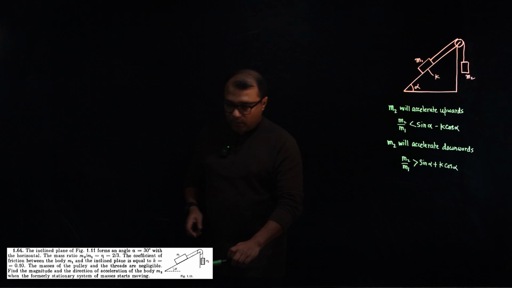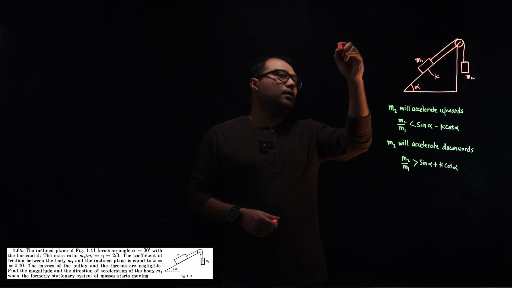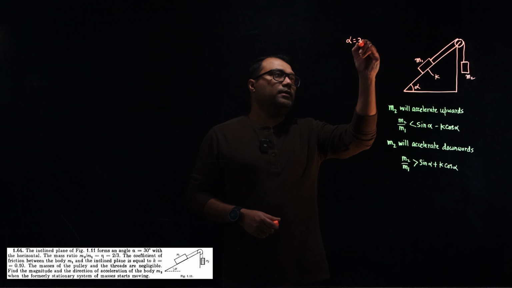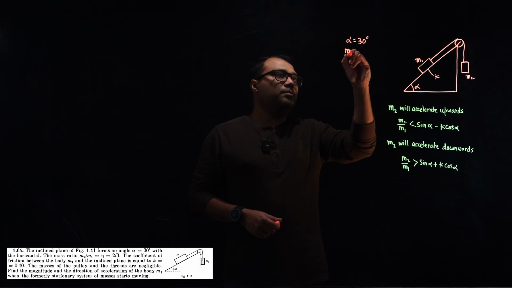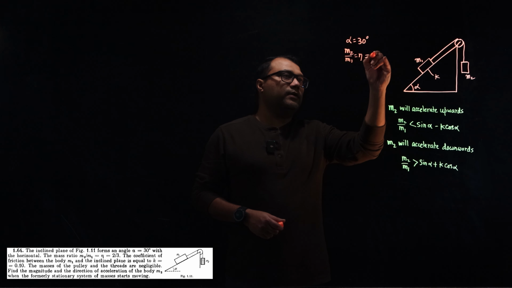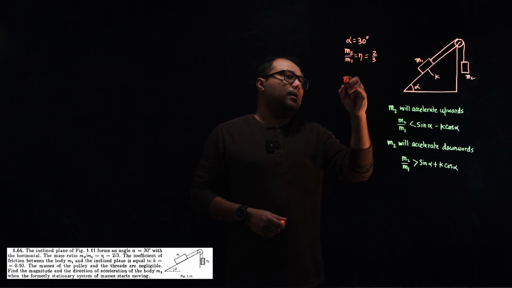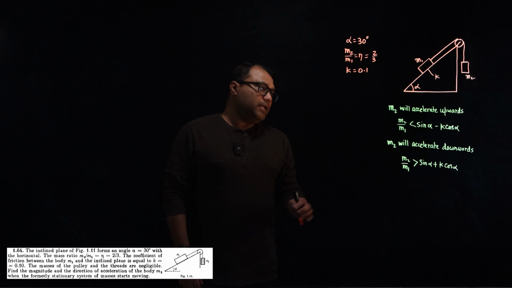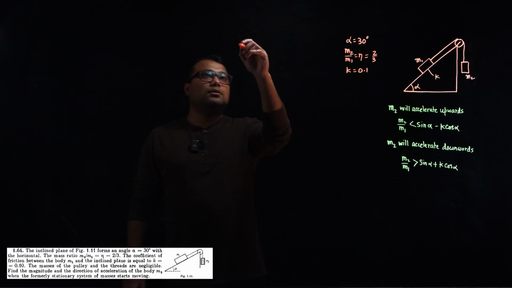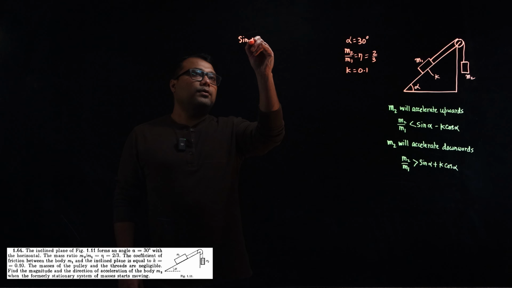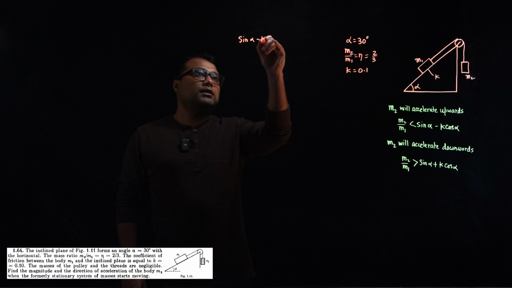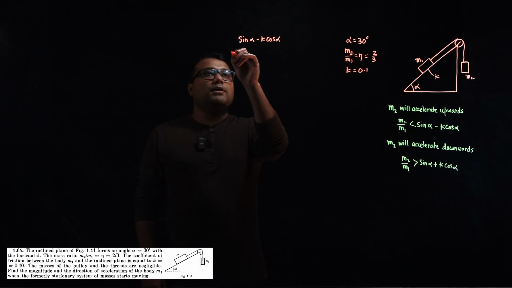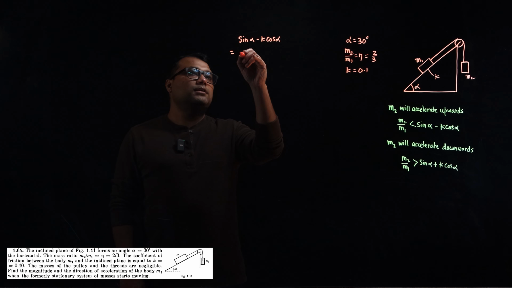Okay? So, in this problem, alpha is given as 30 degrees, m2 by m1 is eta, given as 2 by 3, and k is given as 0.1. So, let us calculate these two values. Sine alpha minus k cos alpha, with sine 30 degrees, let us write it down.